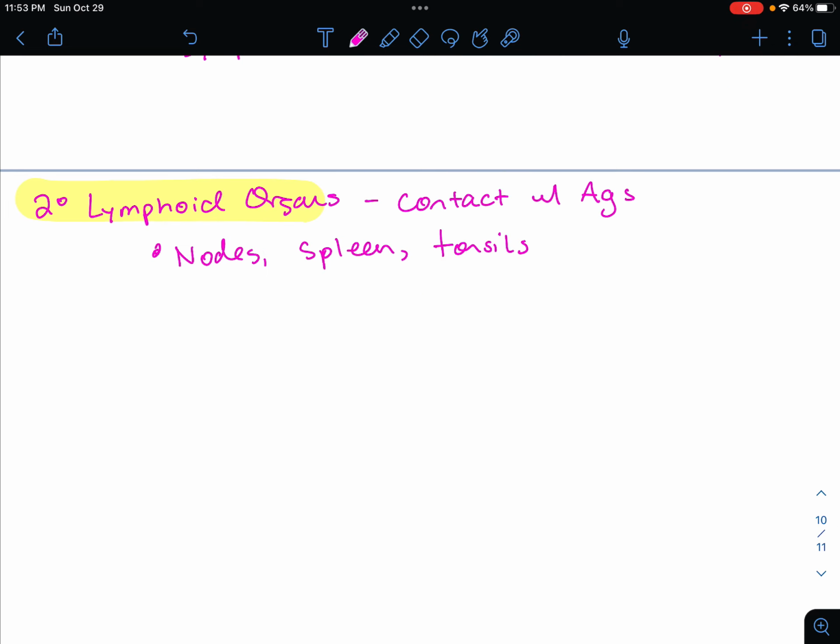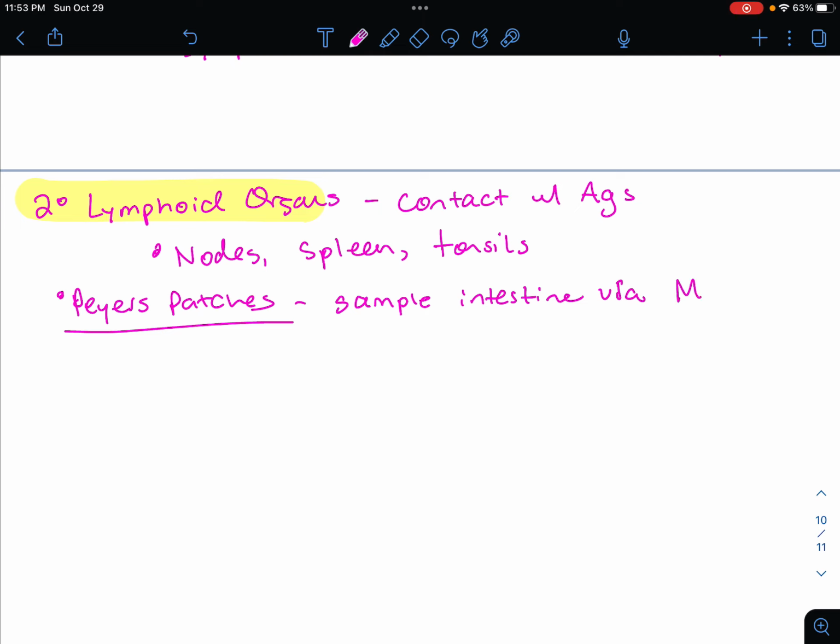The Peyer's patches will allow for the sampling of intestinal contents. And how they're going to sample the intestine are the usage of M cells as well as the dendritic cells.